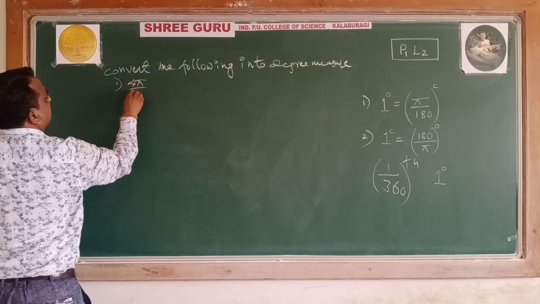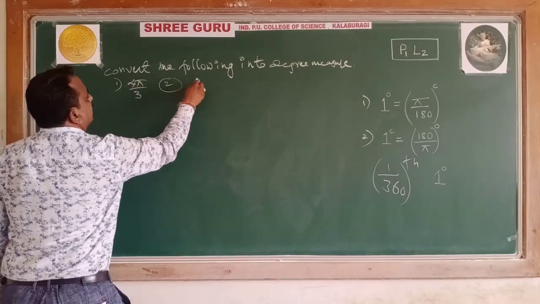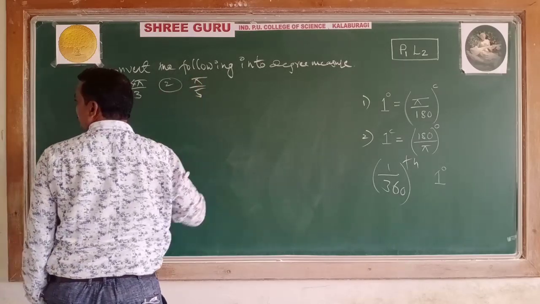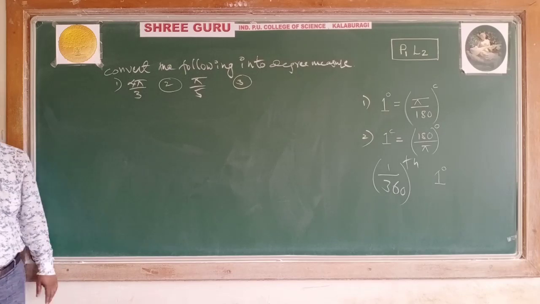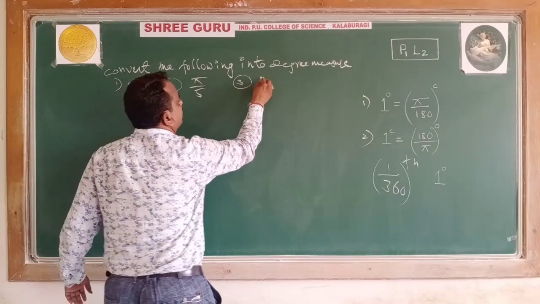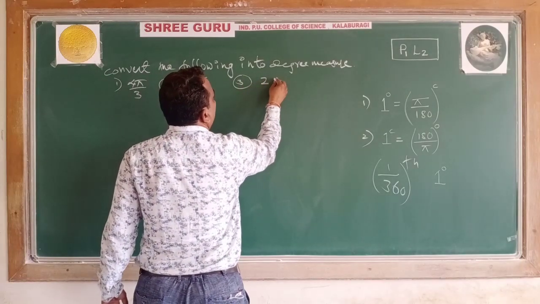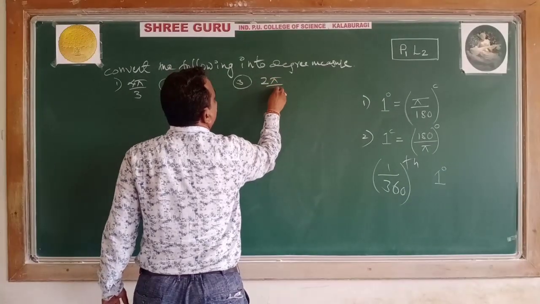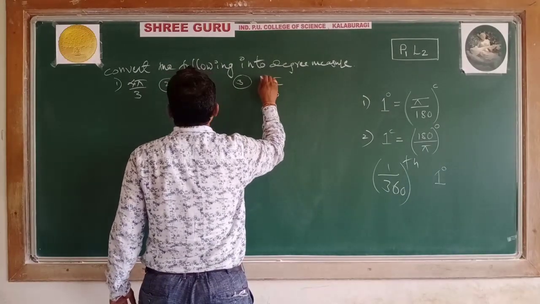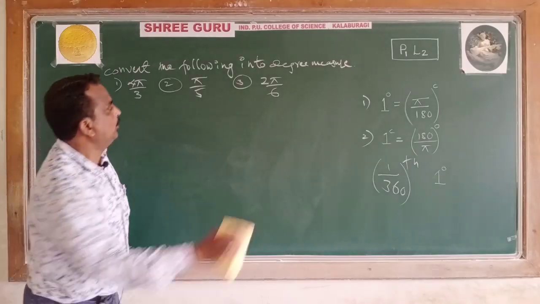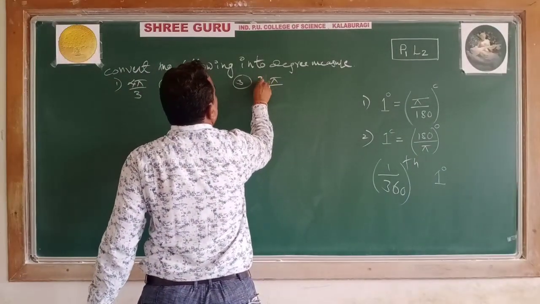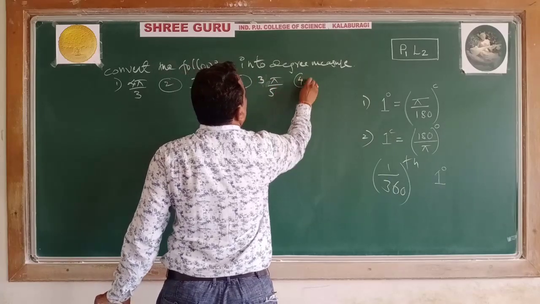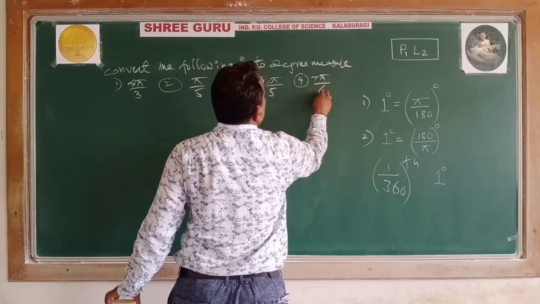4 pi by 3, pi by 5, 3 pi by 5, and the fourth one is 7 pi by 6.